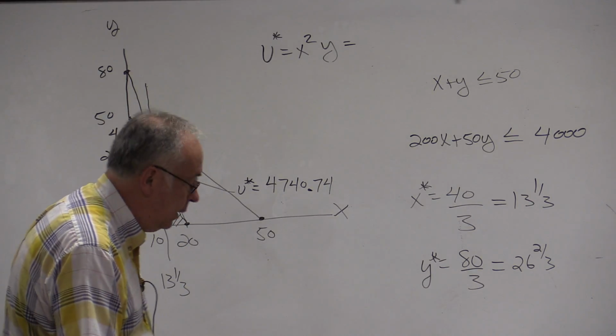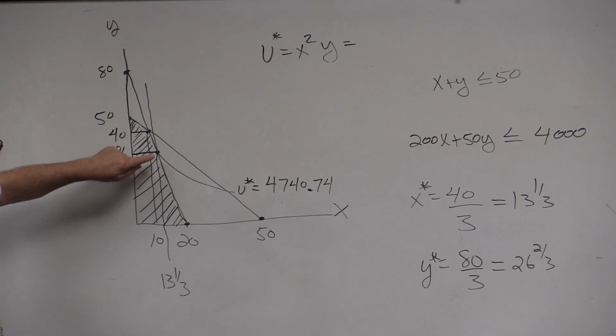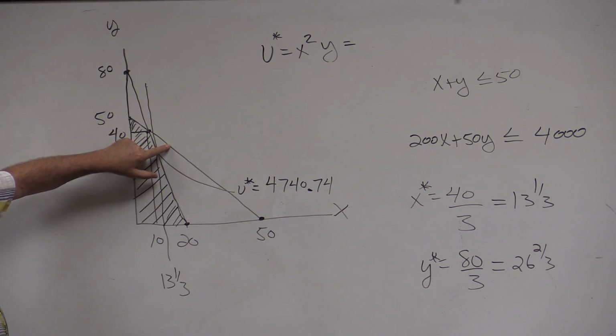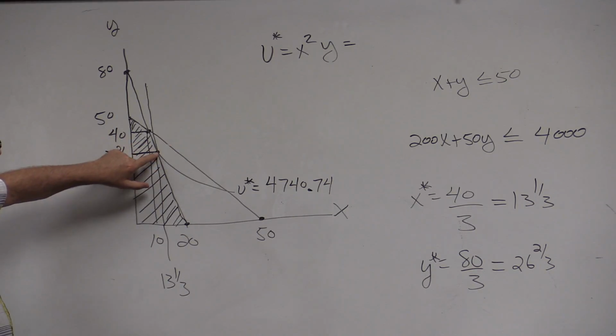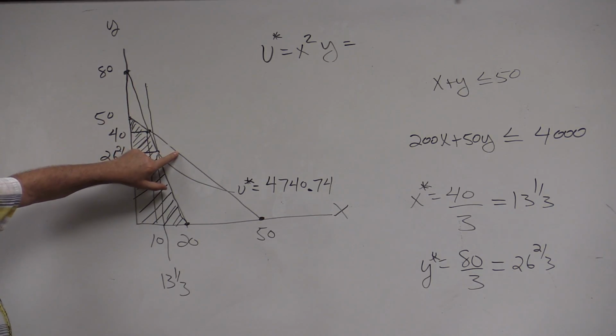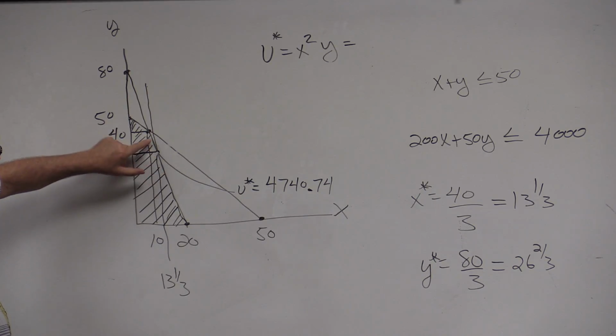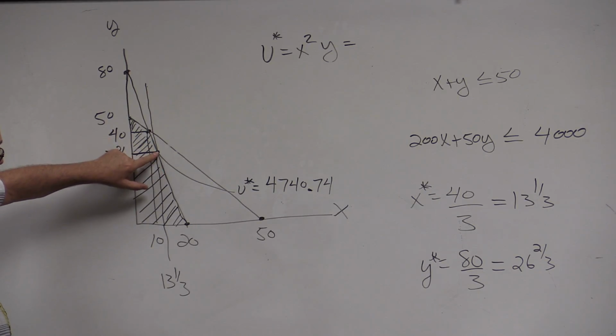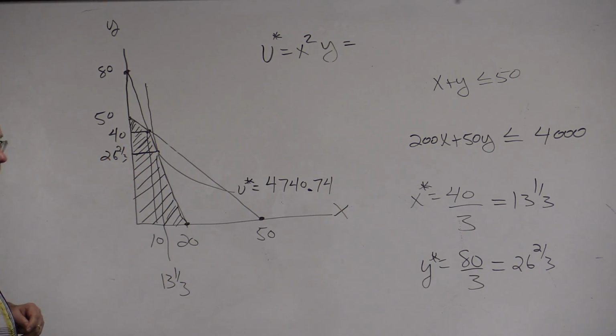And notice, Ian, that this point is actually below the budget line. So this reflects the fact that at this point, Ian is not consuming all his income. But he is consuming 4,000 calories, so his calorie constraint is exactly binding, but not his income.